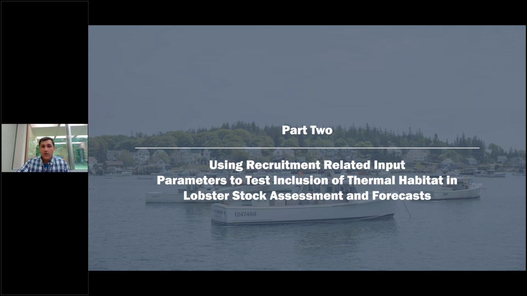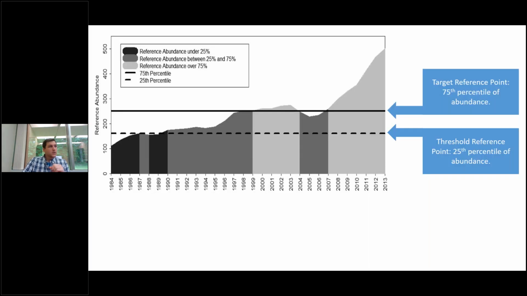Okay, now on to part 2, using recruitment-related input parameters to test inclusion of thermal habitat in lobster stock assessment and forecasts. So biological reference points, which we were introduced to earlier, or just reference points, are target or threshold calculations of a given stock or population that trigger management actions when reached.